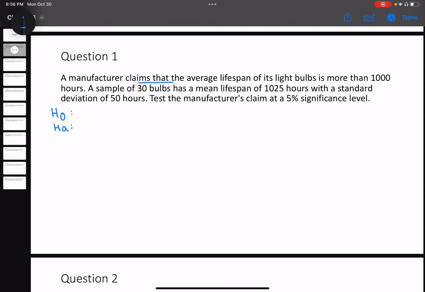Here they claim that the average lifespan of its light bulb is more than 1,000 hours. So the null hypothesis would be average lifespan equals 1,000 hours. And the alternative would be average lifespan more than 1,000 hours.